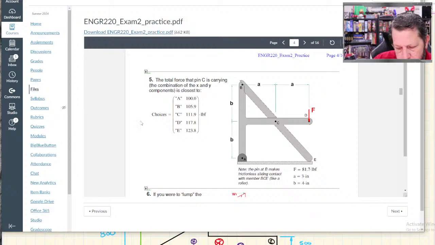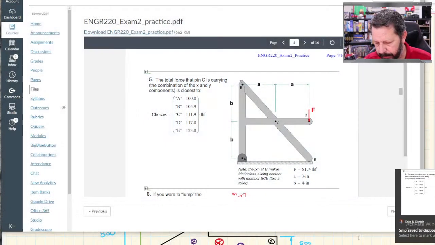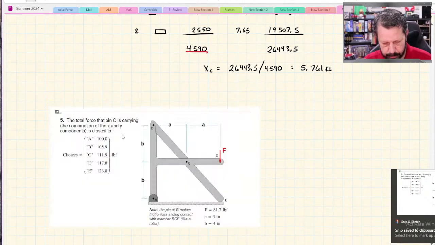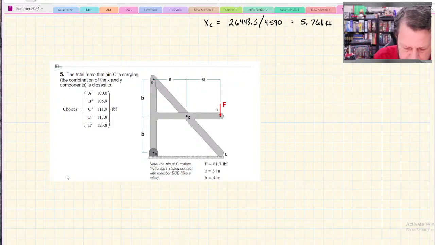Oh, so this one's not terribly... I will draw one piece of this one because that's the key to it. But I don't think we have time to solve the whole thing. So this one's got a little bit of a unique part that you have to learn how to interpret. It gives you a hint here.